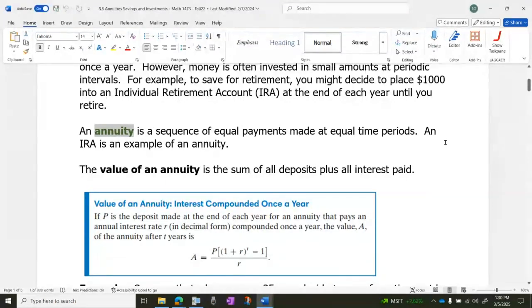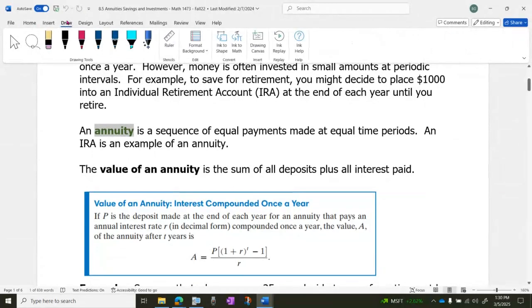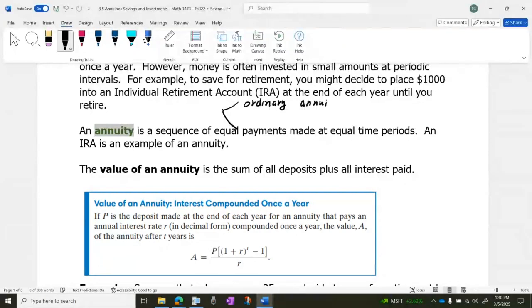All right. So there are two types of annuity in reality. One is called ordinary annuity. The other is called annuity due. What's the difference between those two types of annuities?